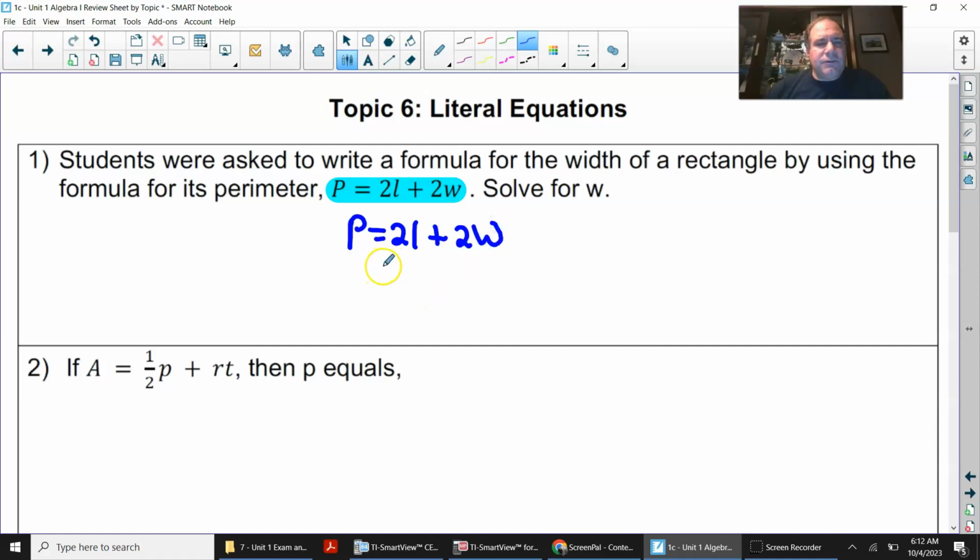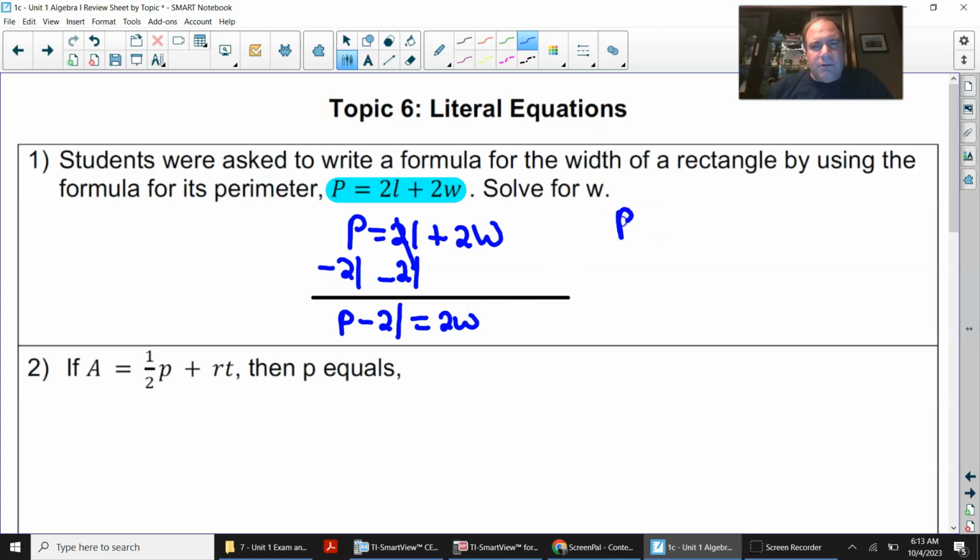The first thing you do to solve for W is look on this right side, you minus 2L from both sides. This cancels. You have P minus 2L equals 2W.